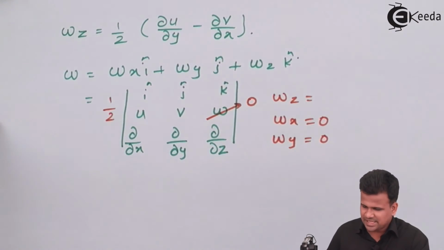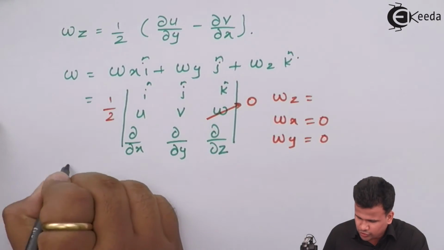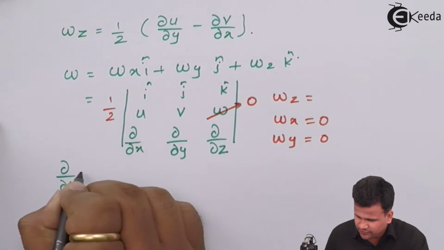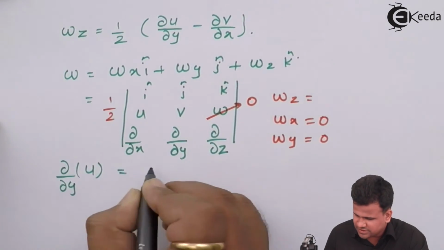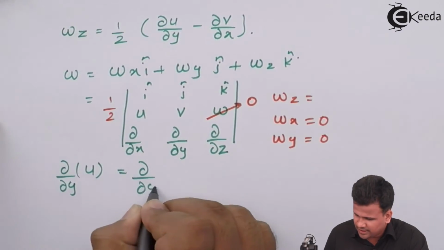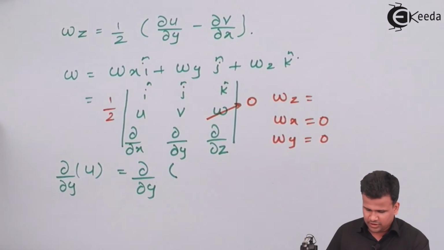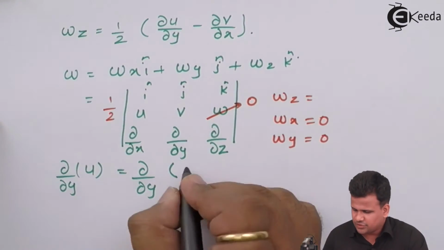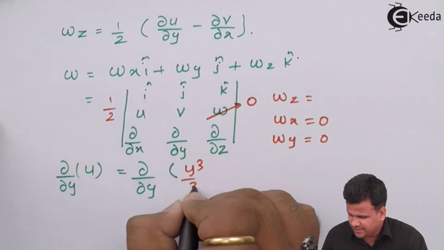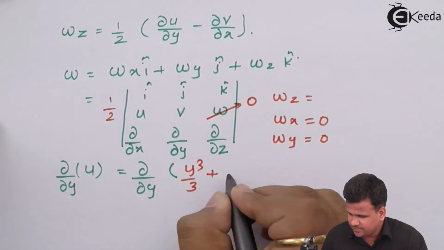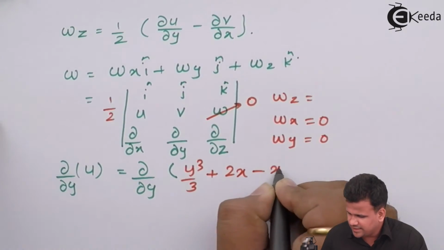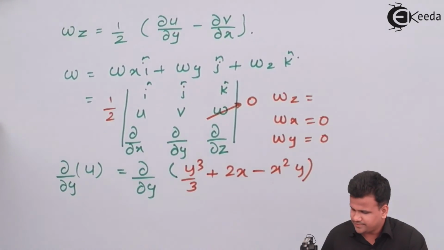So let us calculate dou by dou y of u, where u is y cube by 3 plus 2x minus x square y.